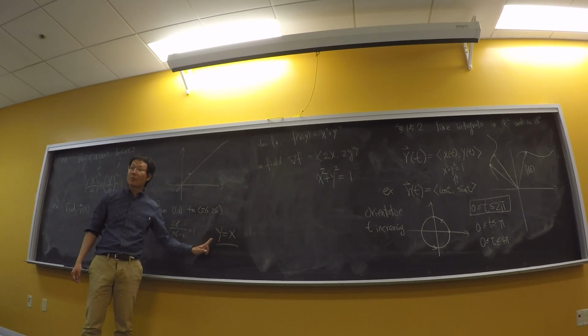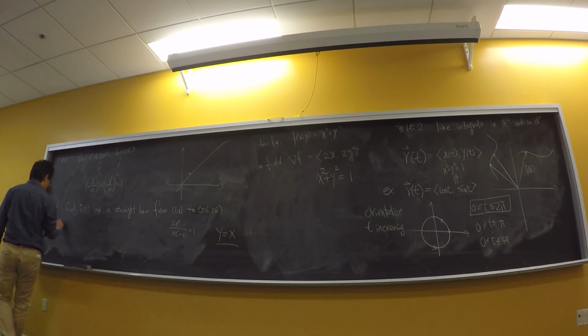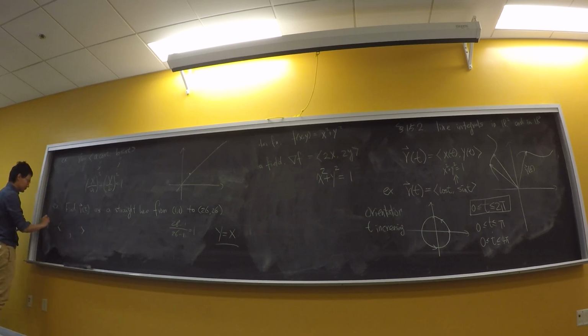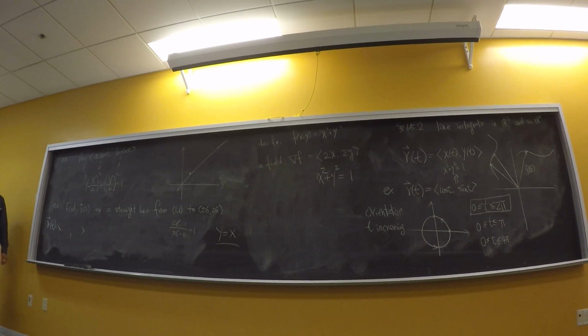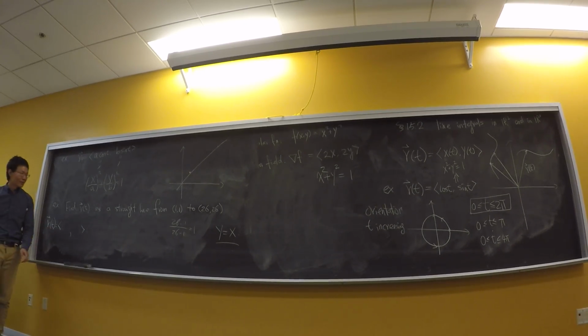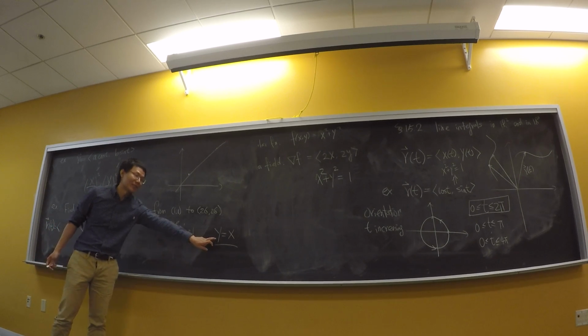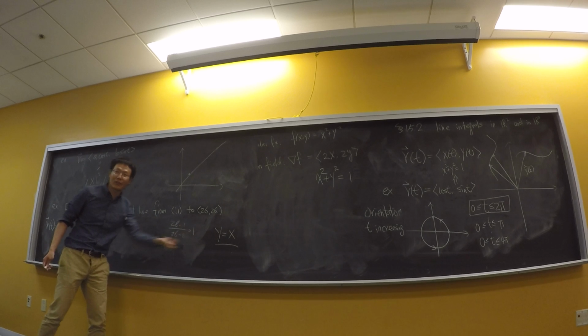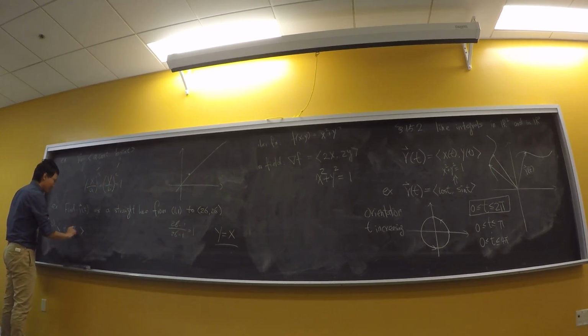I want to find the parametric equation for this line. How do you find the parametric equation? For the vector function, the only thing you do is to introduce this one parameter t. You have to allow t to be equal to something related to both x and y. In this case, the easiest introduction of the additional parameter t is just t equal to x, and then it is going to be equal to y as well.